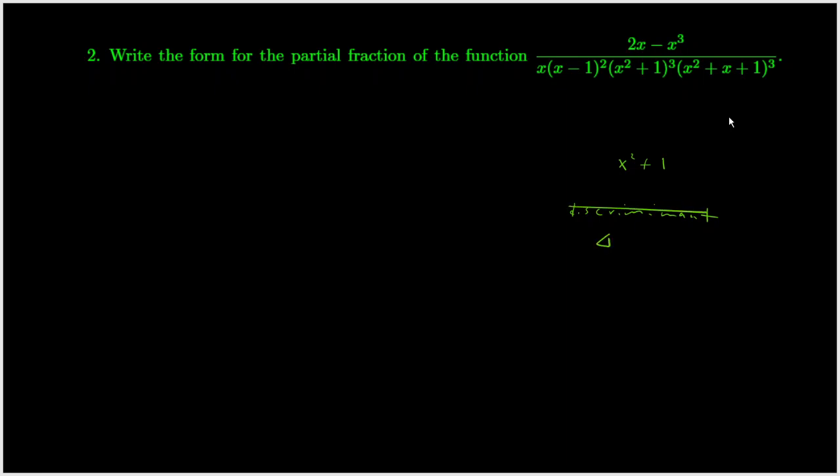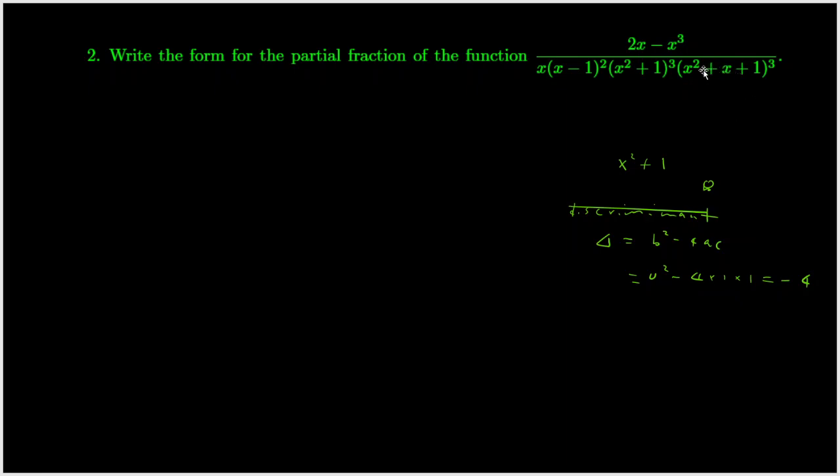You compute, now let's say delta, okay, that's b squared minus 4ac. If this number is negative, then this one is irreducible. In this particular case, b value is equal to 0, right? So we have 0 squared minus 4 times 1 and then times 1. It's negative 4. So which means x squared plus 1 is irreducible. The meaning of irreducible is the quadratic function cannot be factored further.